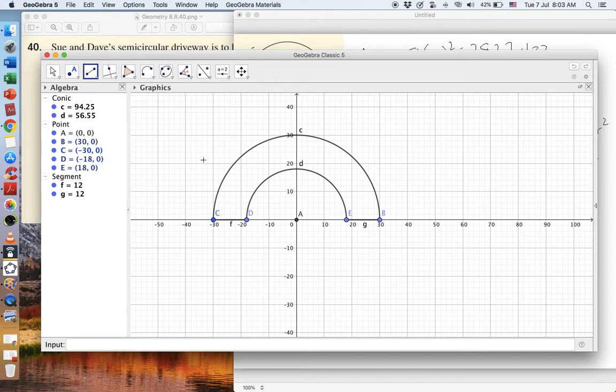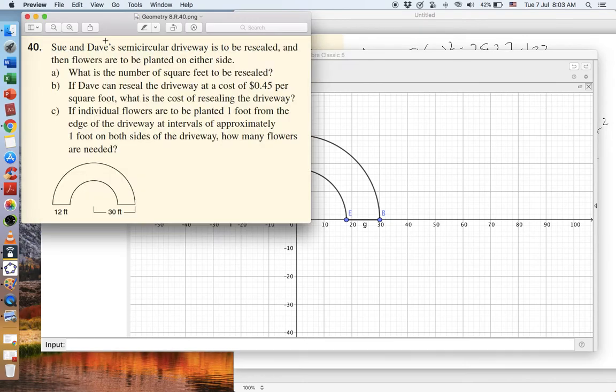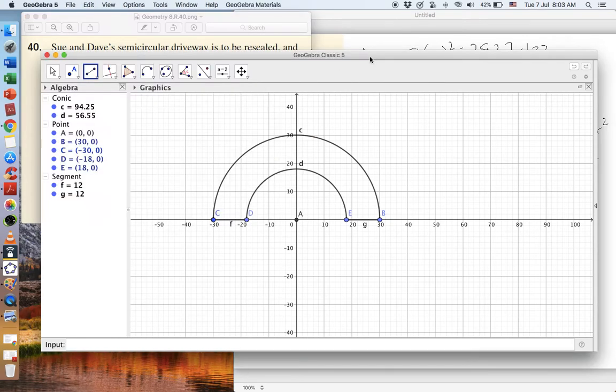All right. And so what we're looking for in part A is to find the number of square feet to be resealed. Oddly enough, I believe that in this example, our GeoGebra is going to be slightly faster. Area of points. We're just going to work from C, B, E, D. Area equals 0.